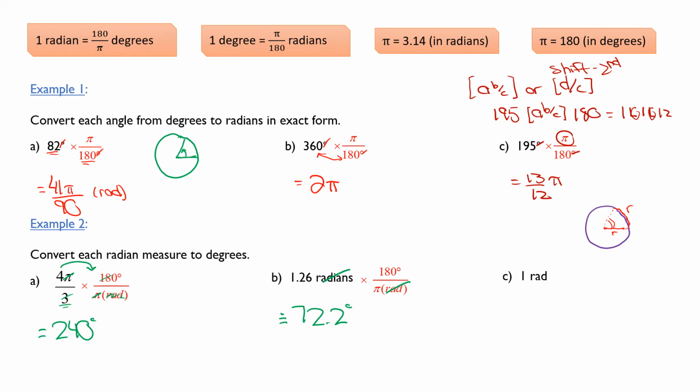So how many degrees is 1 radian? That's what we're converting to here. So let's multiply by 1, and our radians are gone. On your calculator, you're going to do 180 divided by pi, and you get 57.3 degrees. So 1 radian, that angle, is always going to be about 57.3 degrees.